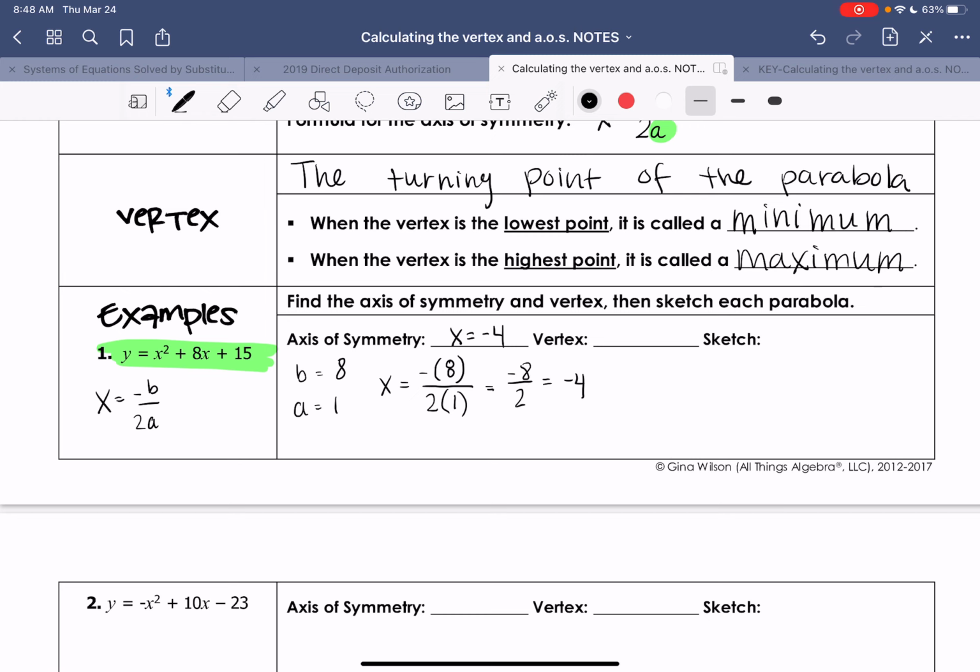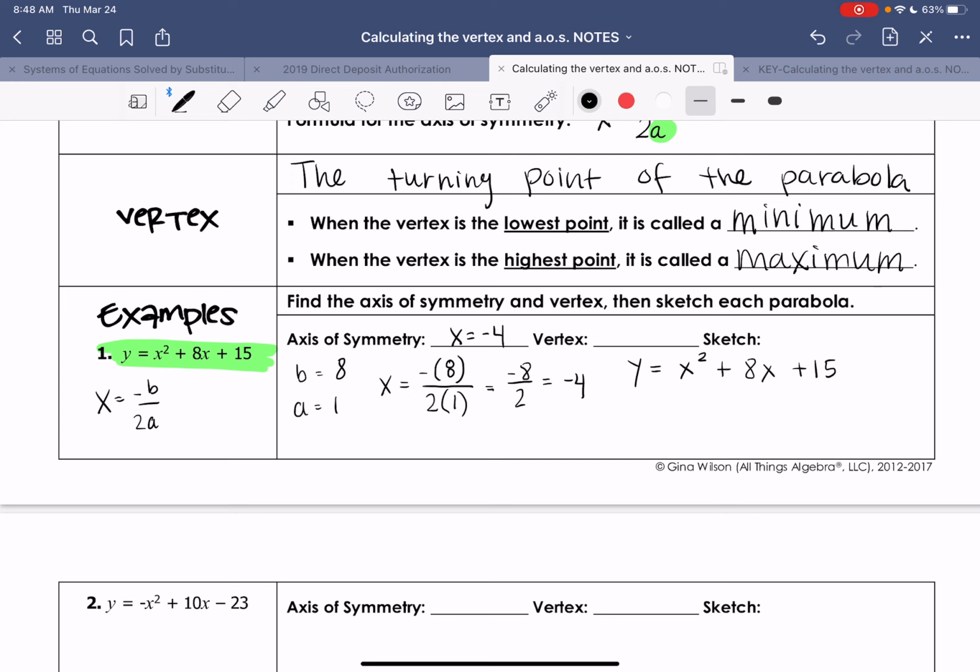So here's where we're going to have to do a little more math just by substitution. So we have our original equation, y is equal to x squared plus 8x plus 15.